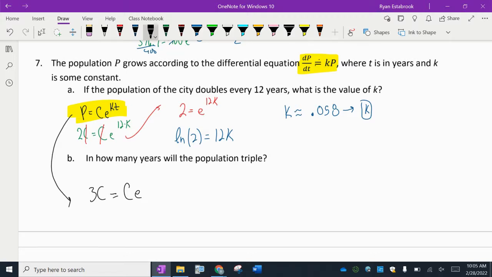Going back to the right, it's e to the K. Now I have this value stored in my calculator, not just the 0.058, but the 0.05776 and all the other decimal places, times T. Like we did in the last problem, then divide both sides by C. 3 equals e, which is a number, to the K, which is a number stored in our calculator, times T. Use what you know about exponents and logarithms. Can you solve for T then?